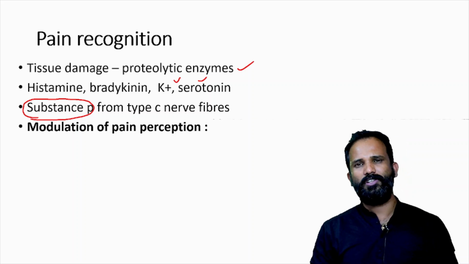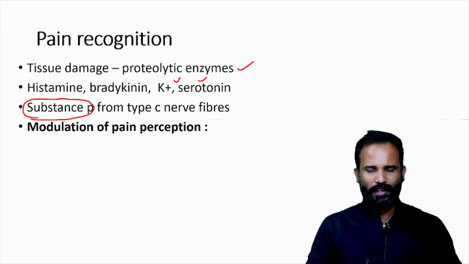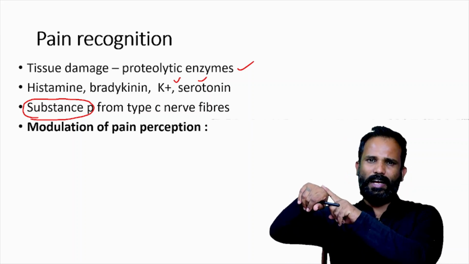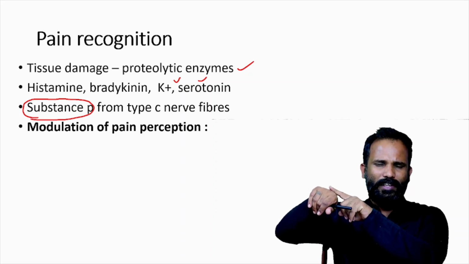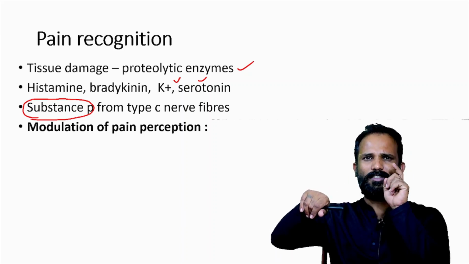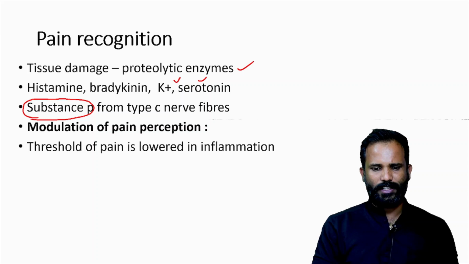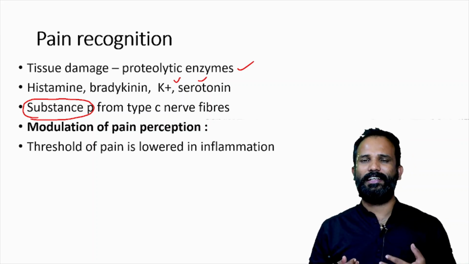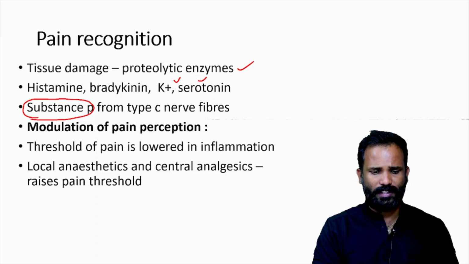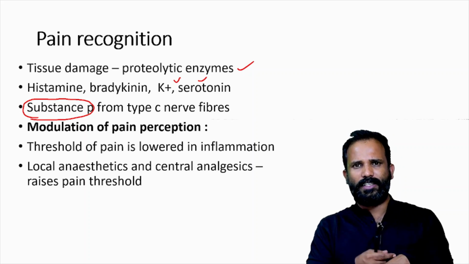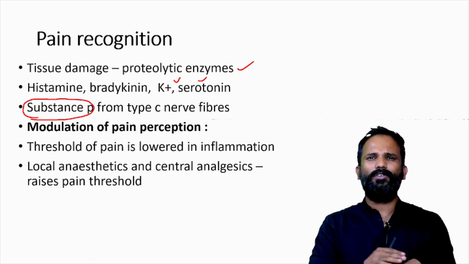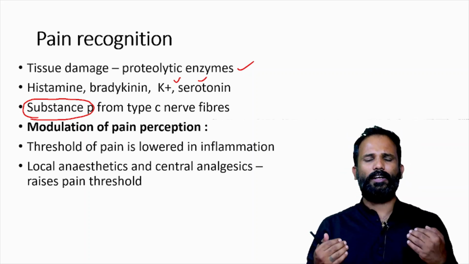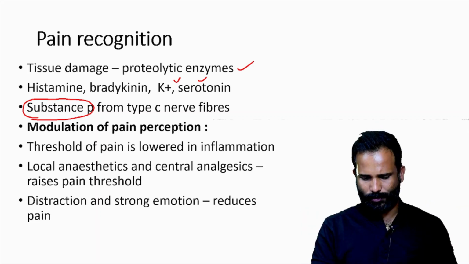So, modulation of pain perception. Let us think that if I touch normal intact skin, I may not feel the pain. But if there was an injury, a small touch can cause pain. So the threshold of pain is lowered in inflammation. And also, if a local anesthetic is given, we don't feel the pain because the pain threshold rises.